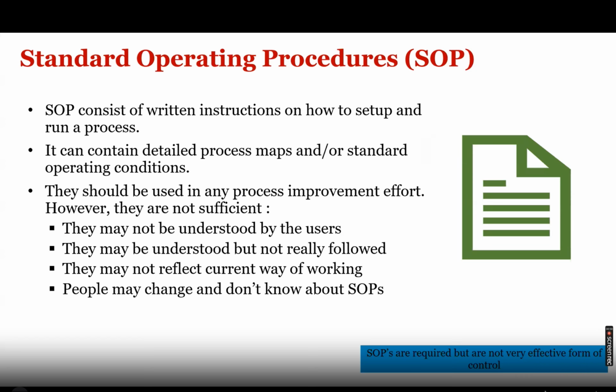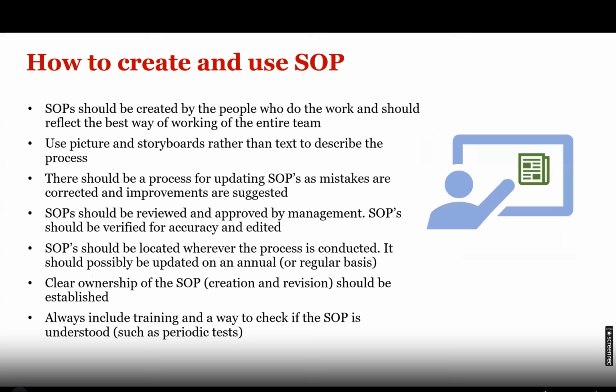This should be understood by all the users, and prepared by the people who use it. Always remember, an SOP should be created by the people who do the work and should reflect the best way of working for the entire team so that it benefits all. Use pictures, storyboards, flowcharts rather than text to describe the process better.